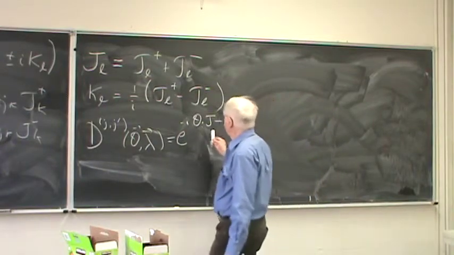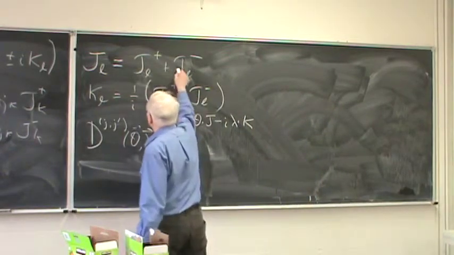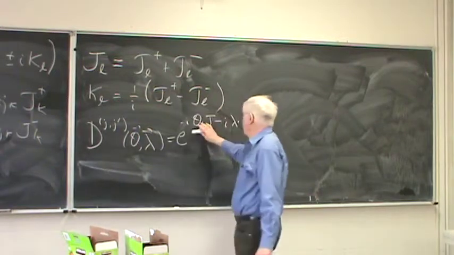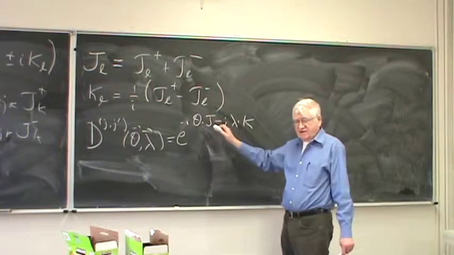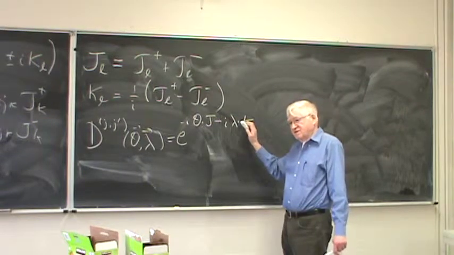But now if we rewrite J in this way and K in that way, then we have a structure here in which we can group the J pluses together and the J minuses together.